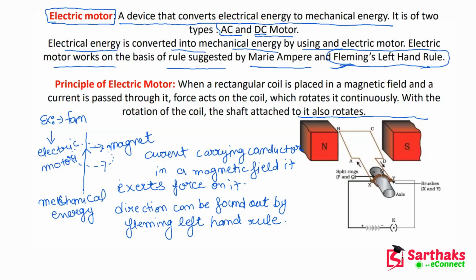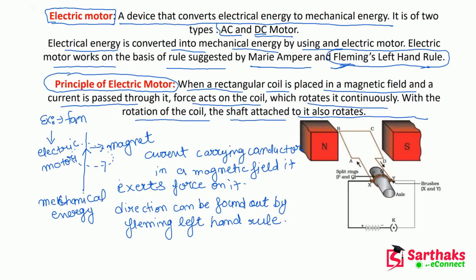Now guys, let's discuss the principle of electric motor. So what is the principle of electric motor? Whenever a rectangular coil is placed in a magnetic field and a current is passed through it, force acts on the coil which rotates it continuously. With the rotation of the coil, the shaft attached to it also rotates.